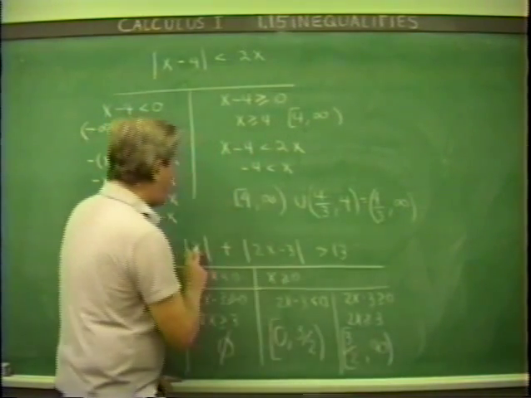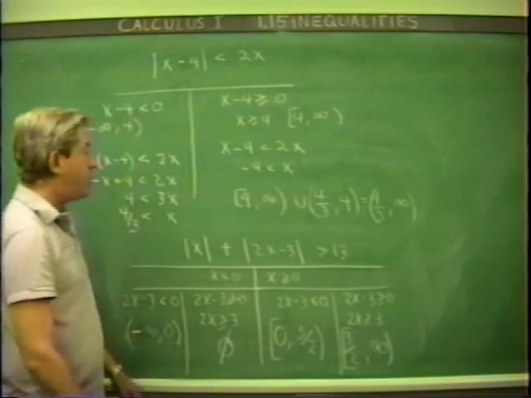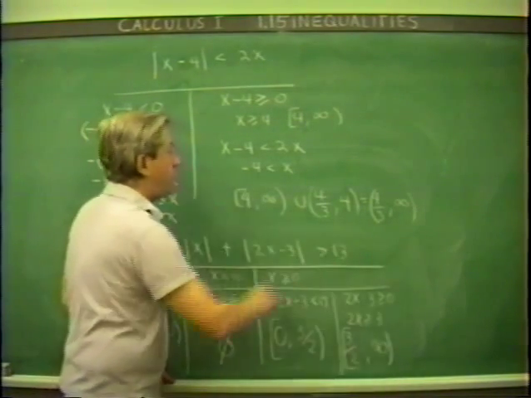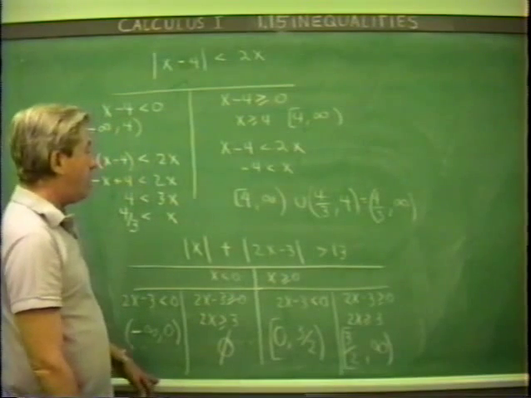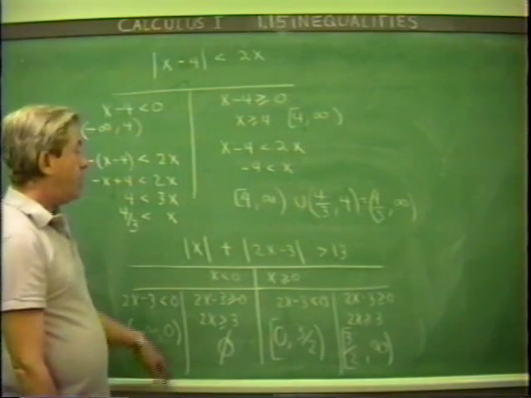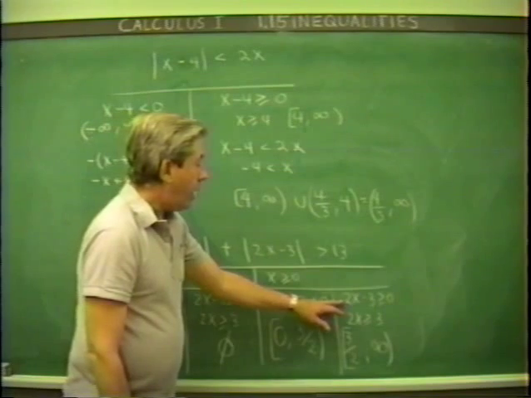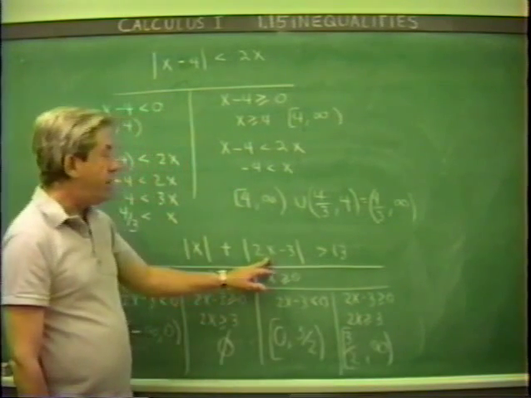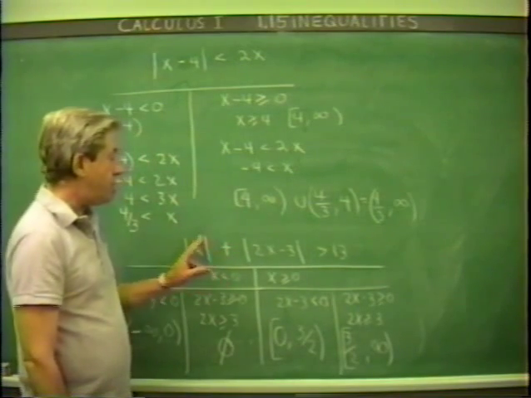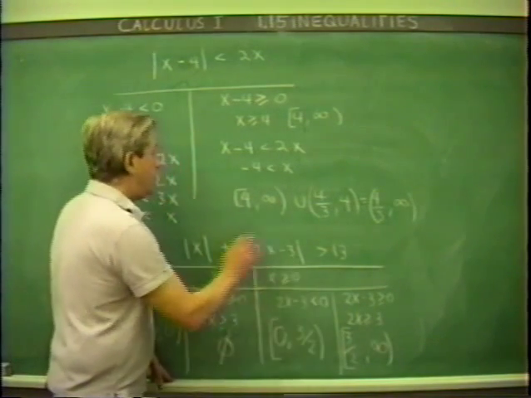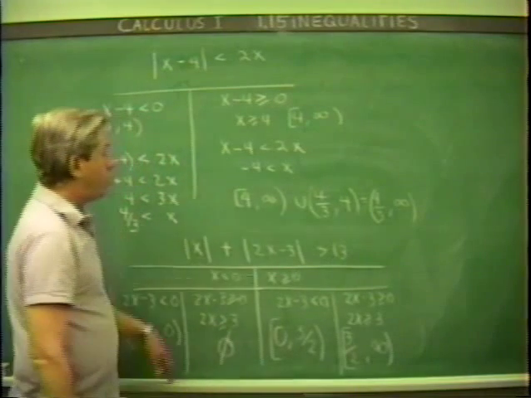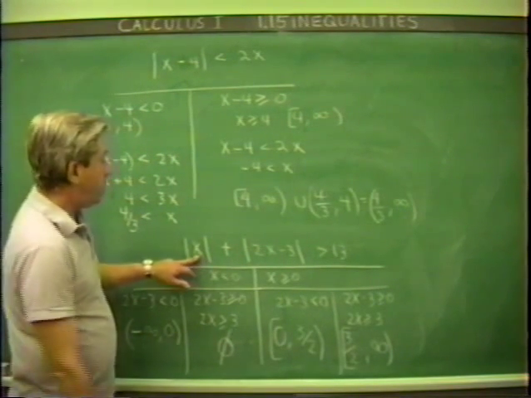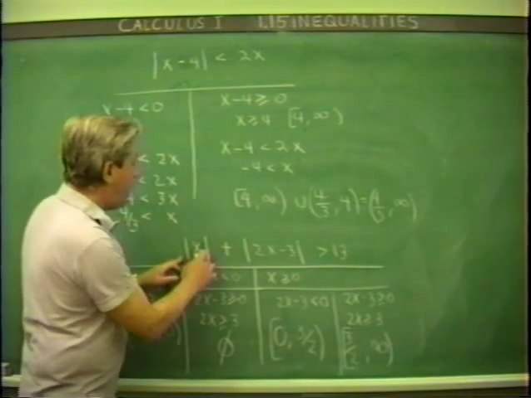Now, what we do with this is we work with each of these 3 sets. We consider the elements in here, and we find the solution set to this inequality. Since for these elements both quantities inside the absolute values are positive, we can throw the absolute values away, solve the linear inequality, and the numbers in here that are solutions to the linear inequality will be part of the solution set.